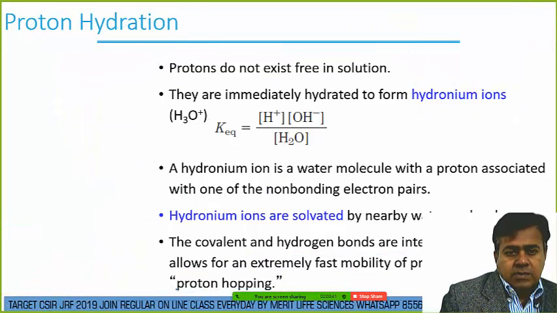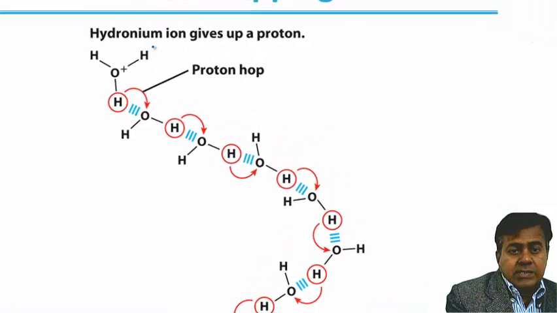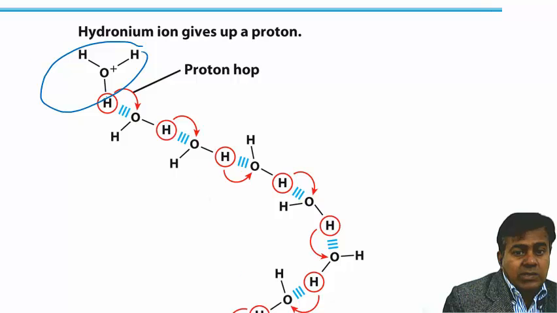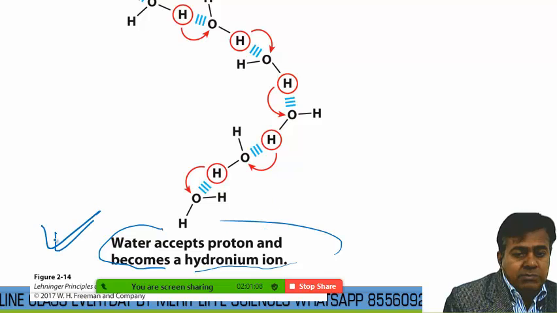So now you can see this is proton hopping, right? If this is a very strong bond, they are not going to release any proton, and if they are not going to release a proton, this hydrogen cannot shift there or link there, right? And if it is not going to link there, then you cannot expect any associative property of this hydronium ion. So water accepts a proton and becomes a hydronium ion. Just keep this fact in your mind. Water accepts a proton and becomes a hydronium ion.